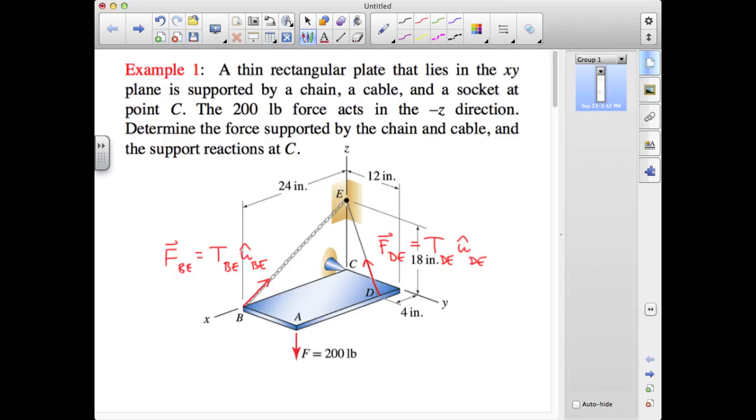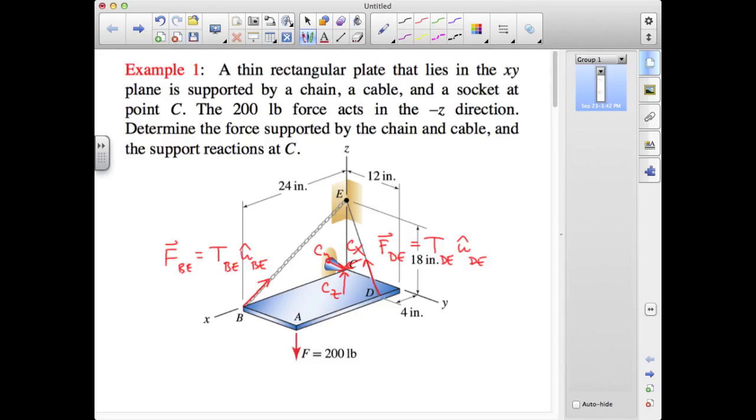We don't know what direction those act in yet, but I'll just represent them and then let the algebra tell me whether we guessed correctly. So I will just represent these as positive in X, positive in Y, and positive in Z.